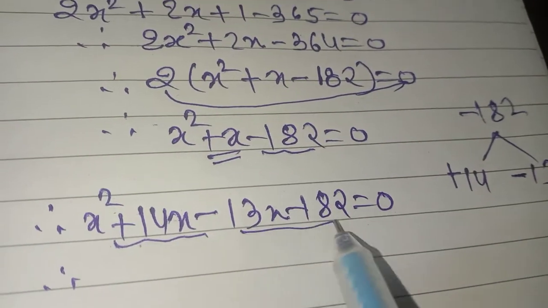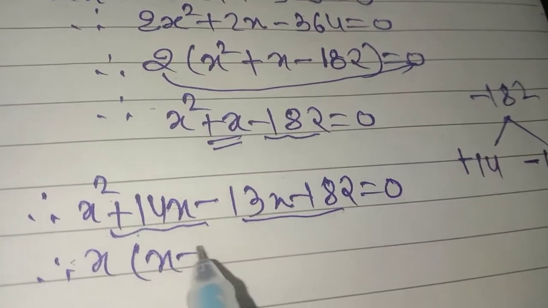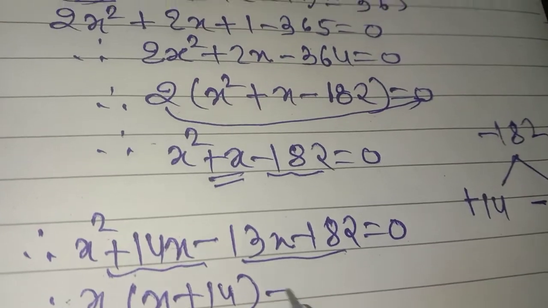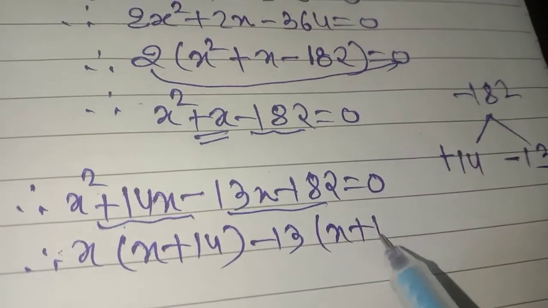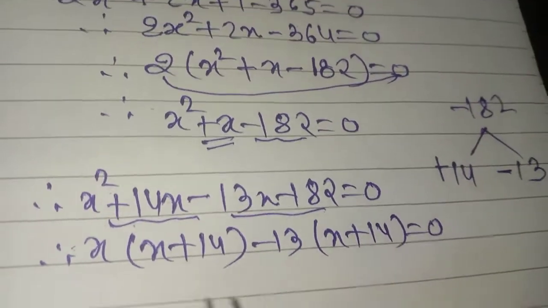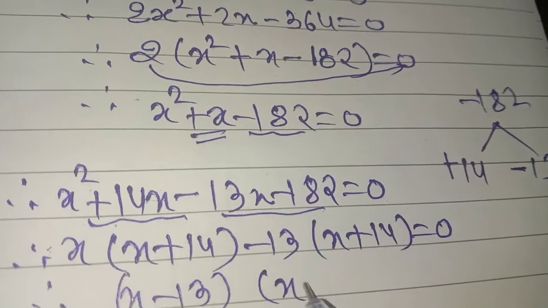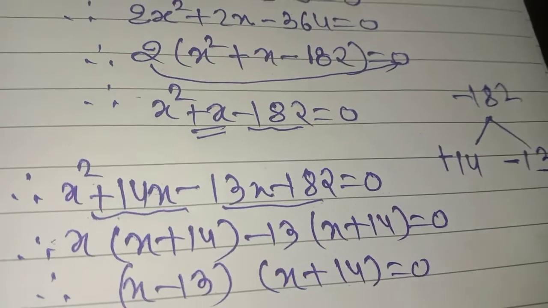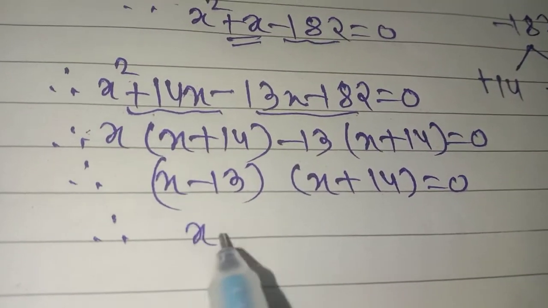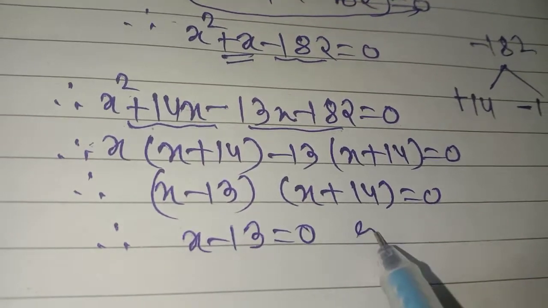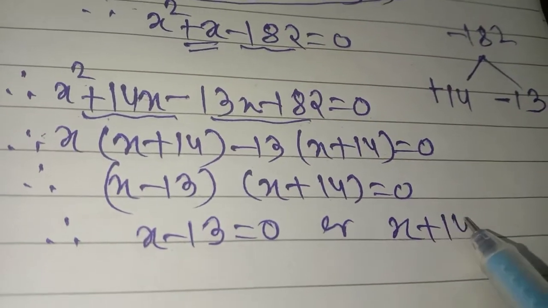Now we will take common, x plus 14 and minus 13 and x plus 14 is equal to 0. So it is (x minus 13) and (x plus 14) is equal to 0. Therefore x minus 13 is equal to 0 or x plus 14 is equal to 0.